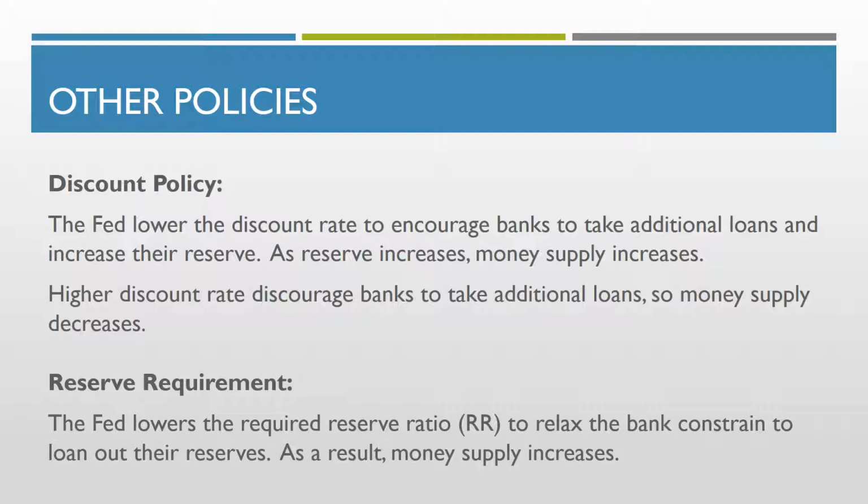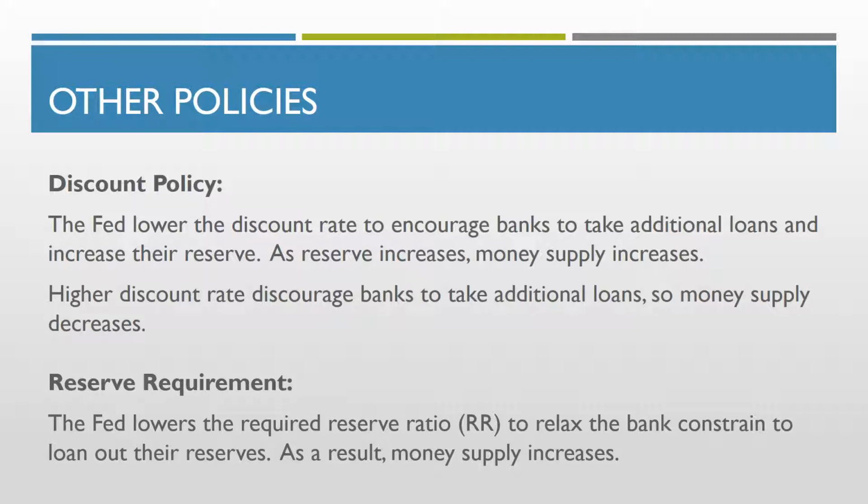If the Fed one day lowers the reserve requirements, or the required reserve ratio, the banks in the system will feel like the constraint for loaning out the reserve is relaxing. So they will be a little bit more motivated to loan out the money or loan out the reserve to earn interest payments.